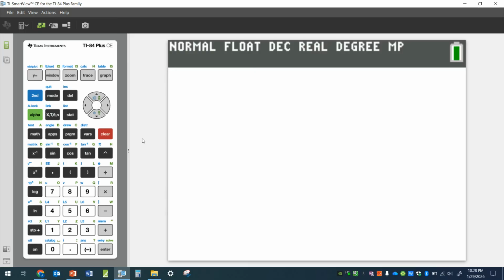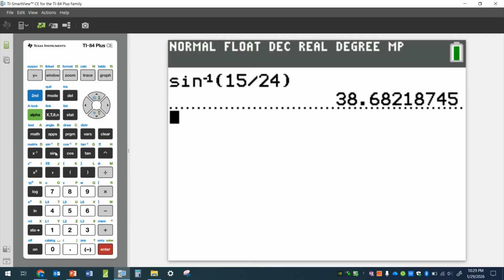And all we need to do is to type that into our calculator. Now to be careful, inverse sine is not the same thing as sine. Pressing the sine button gives you regular sine, but if you want inverse sine, you might notice in mine it's in a slightly different color, blue, up above sine. So press second sine, and then you can type in the fraction, which was 15 over 24. Close your parentheses and press enter.